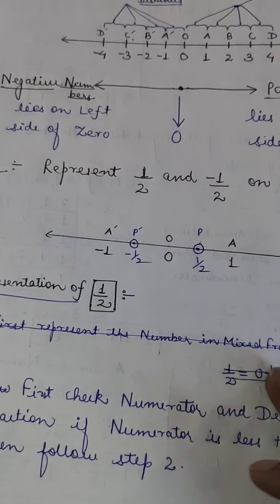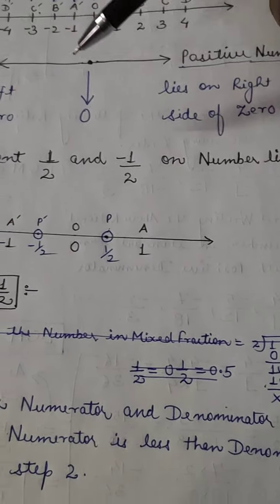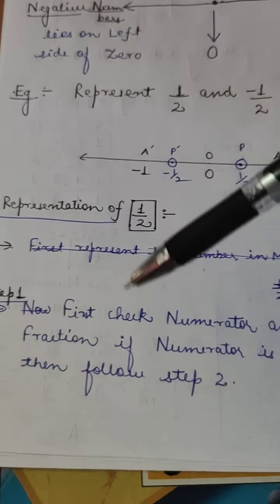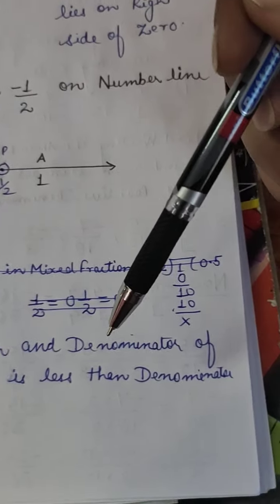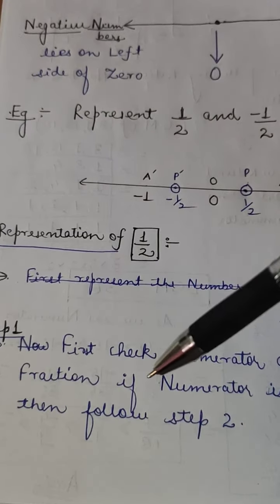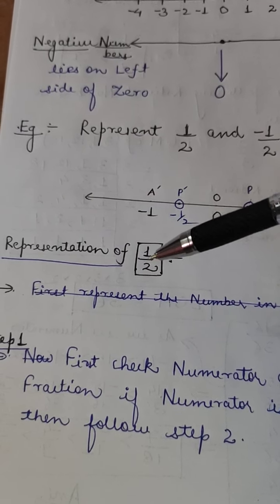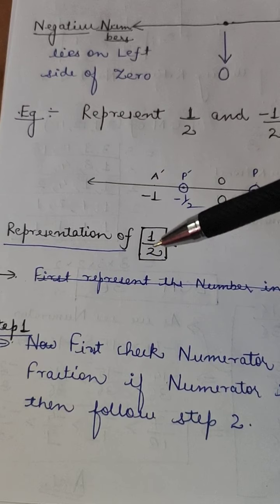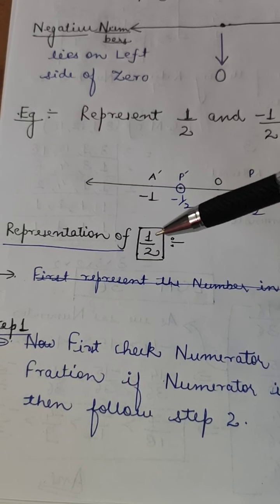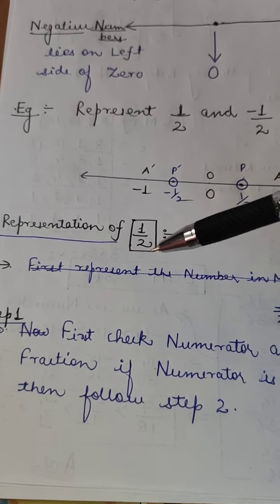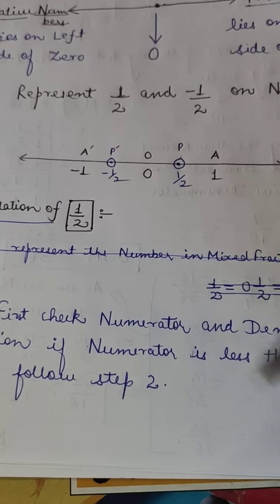So what is the method of representing these rational numbers? First of all, you have to check the numerator as well as the denominator of the given fraction. First we will represent plus 1 by 2. In plus 1 by 2, numerator is 1 and denominator is 2, so numerator is less than denominator.